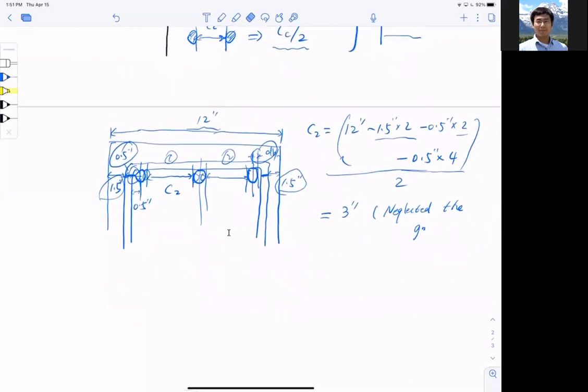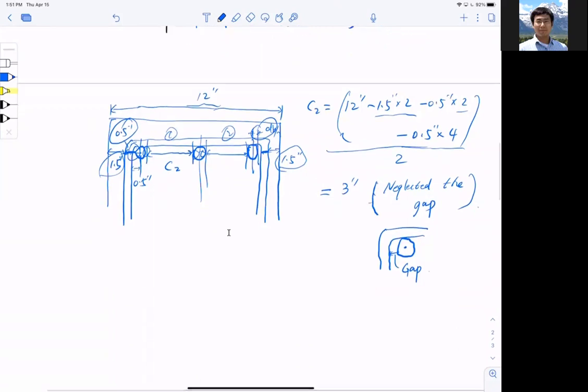I neglect the gap between the stirrups and the bar. There's a small gap here, neglected. You say why? Because I want to have a bigger C2. So it is okay to neglect here.